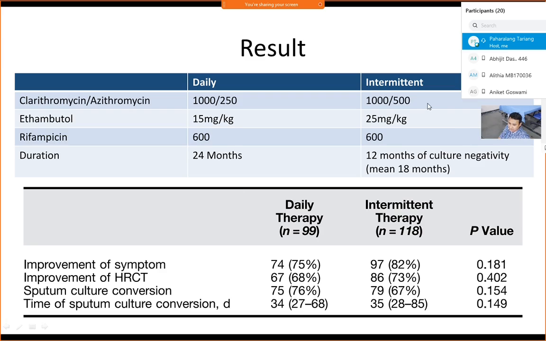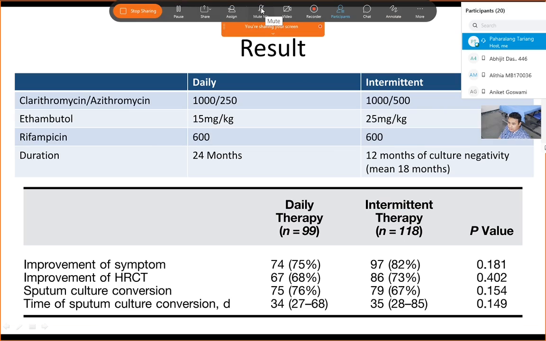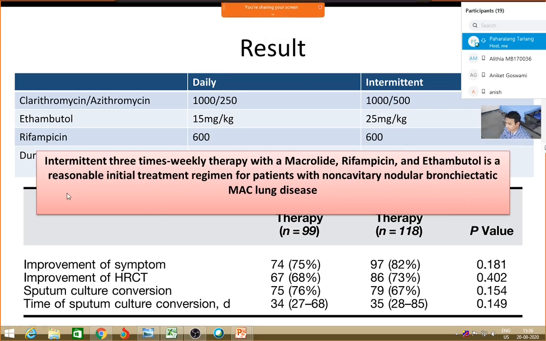Whereas the intermittent therapy was a higher dose of azithromycin at 500 mg and 25 mg per kg of ethambutol. Okay, so we find that intermittent 3 times weekly therapy with a macrolide, rifampicin, and ethambutol is a reasonable initial treatment for patients with non-cavitary nodular bronchiectatic MAC lung disease.